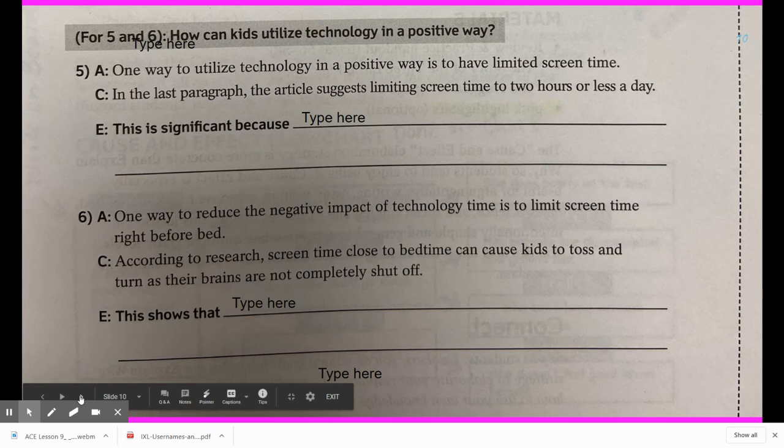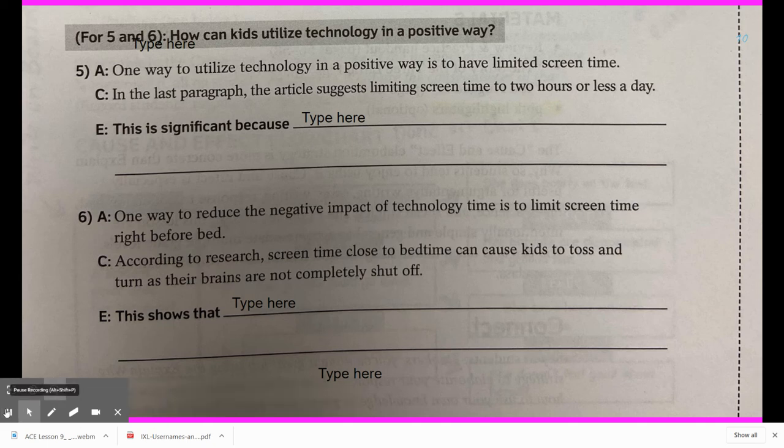You need to tell your reader why the article suggesting to limit screen time means that they are going to utilize technology in a more positive way. Why would limiting the amount of time lead to a more positive utilization of technology? Go ahead and pause the video and ace your response with the elaboration and the sentence starter. This is significant because.